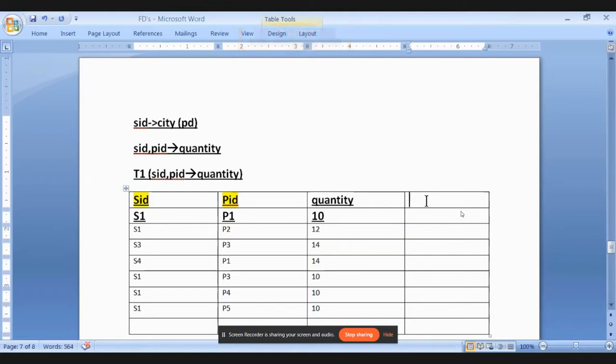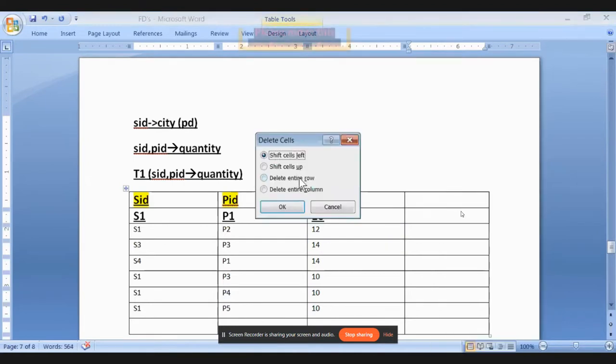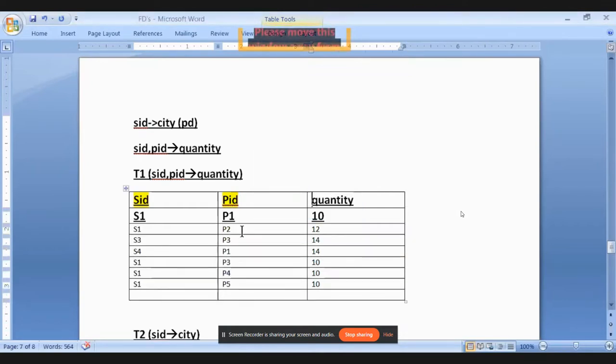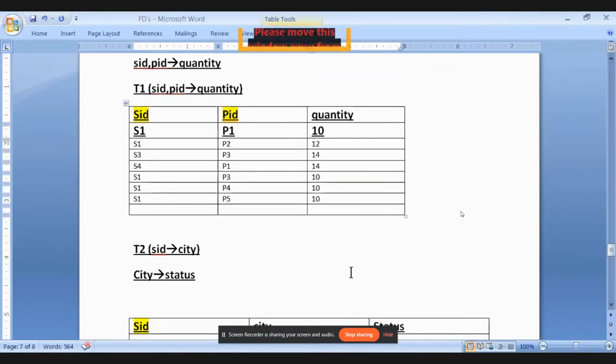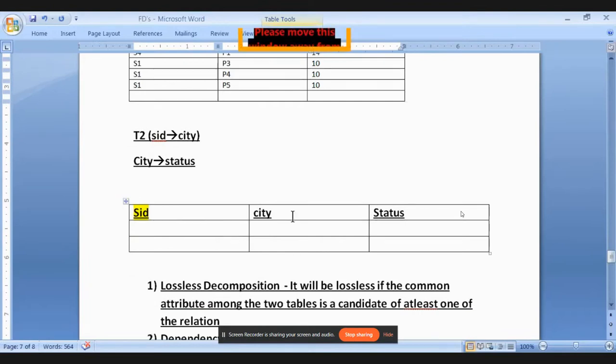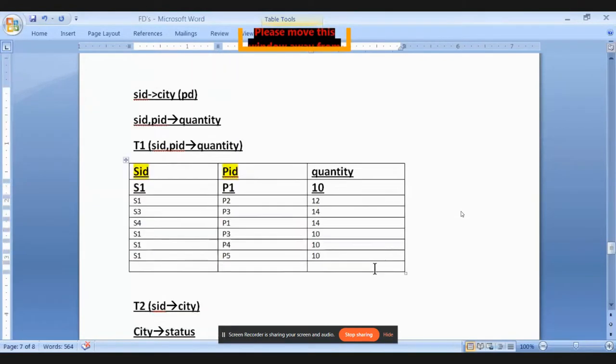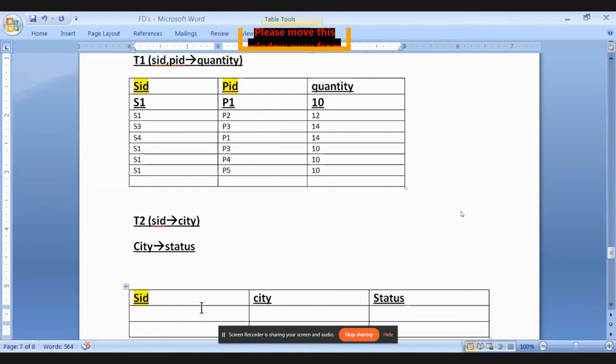This was your data in the T1 table. And what about the T2 table? SID, city, and status. Who is the SID? S1. The city of S1 was Kolkata, and the status of Kolkata was K1, as in the original table.